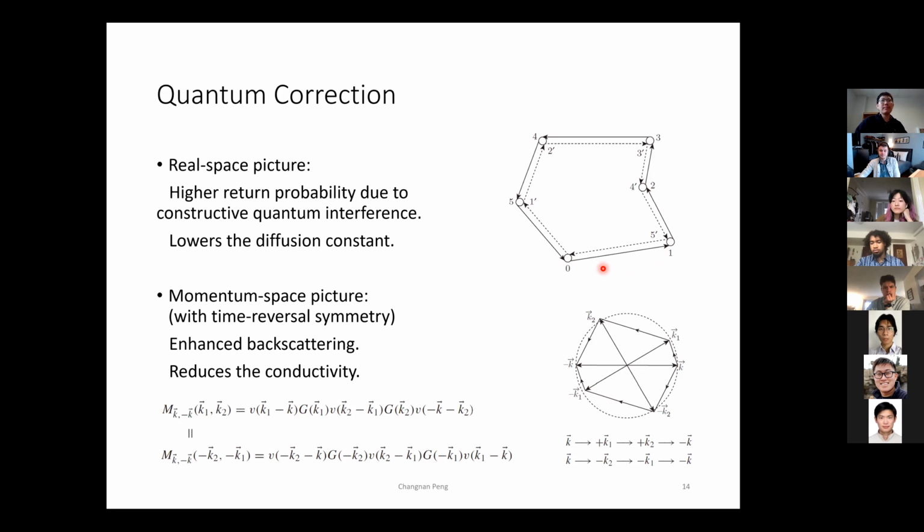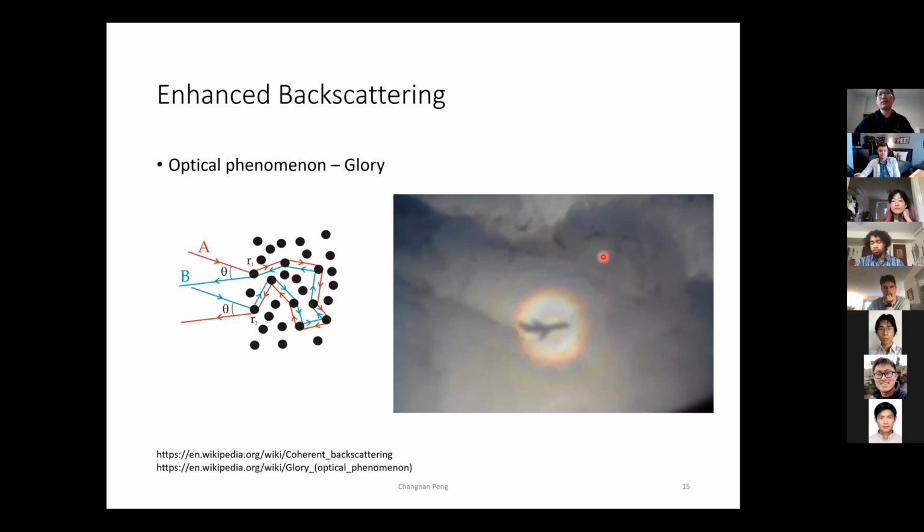So this enhanced backscattering, actually, we can see it in daily life with an optical phenomenon called glory. If you've ever taken a flight or climbed up to the top of a mountain where in the far distance there's a foggy cloud and there's direct sunlight behind you, you can see at small angles a light ring around you.